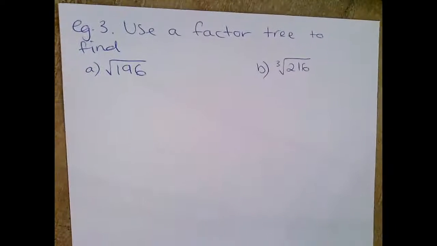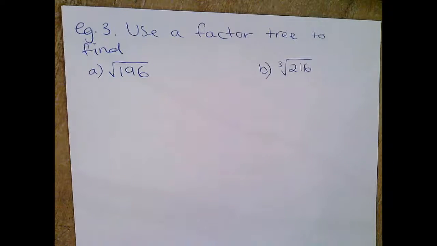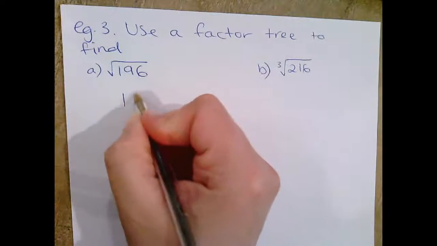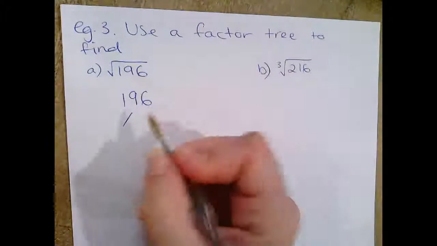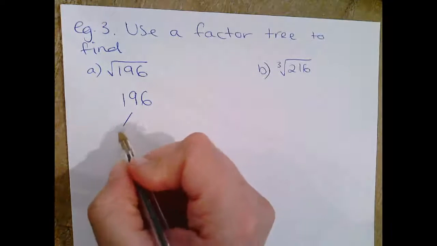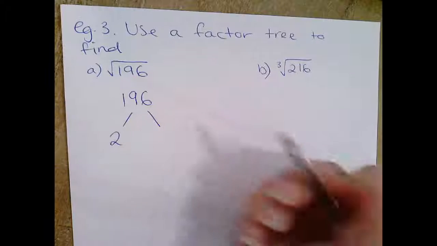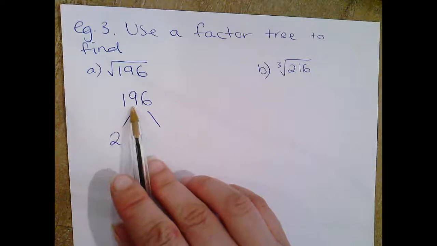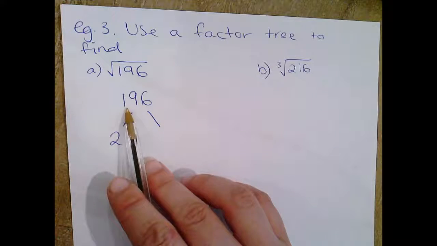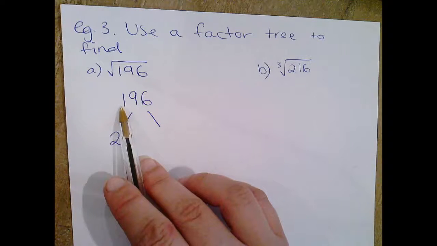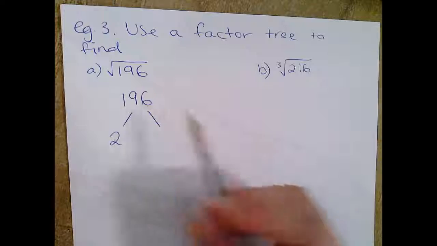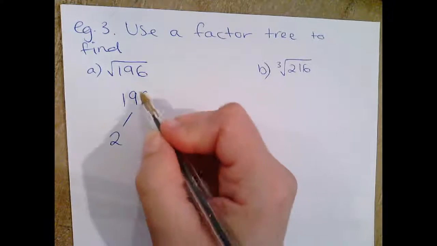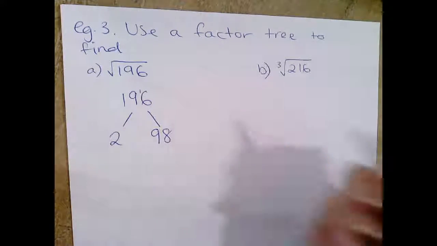One more example, use a factor tree to find the square root and then the cubed root of those two numbers. So 196, if we split that into 2, now 2 into 196, you could use a calculator however you want to do it. 2 into 19 goes 9 times, remainder 1, 2 into 16 is 8.